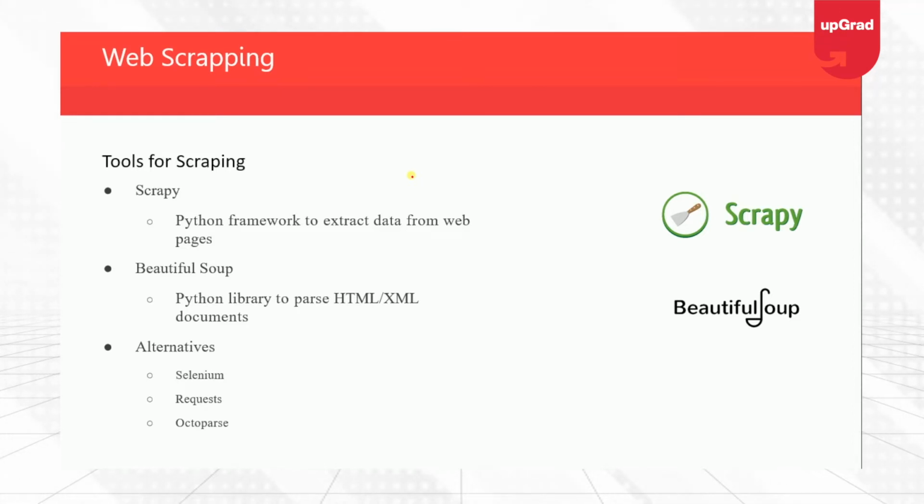And there are some alternatives available, such as Selenium. Selenium is another popular tool for automating browsers. It is primarily used for testing in the industry, but it is also very handy for web scraping.